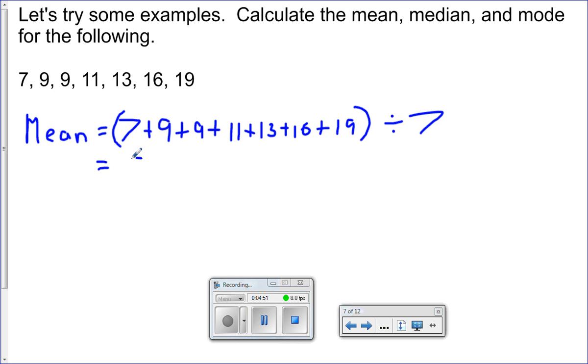And finally 84. 84 divided by 7 equals 12.